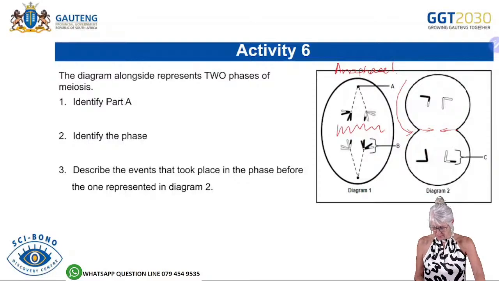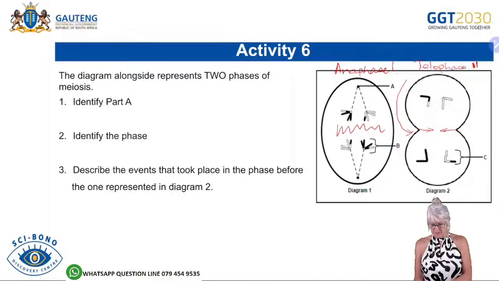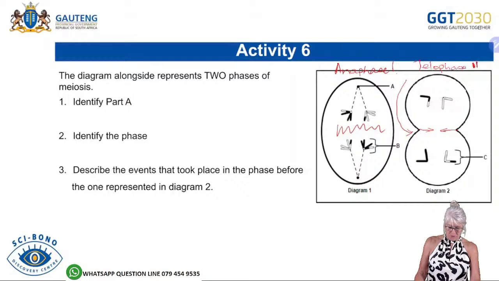So this is cytokinesis taking place, and because it's single unreplicated chromosomes, this would then be telophase 2. Okay, so that's why it's so important that you are able to identify the phases, and there are lots of clues that you need to learn.